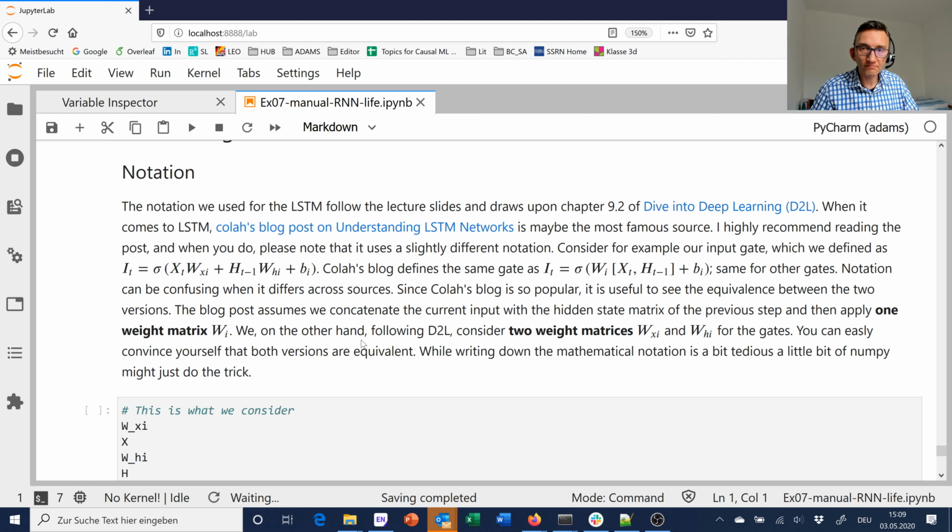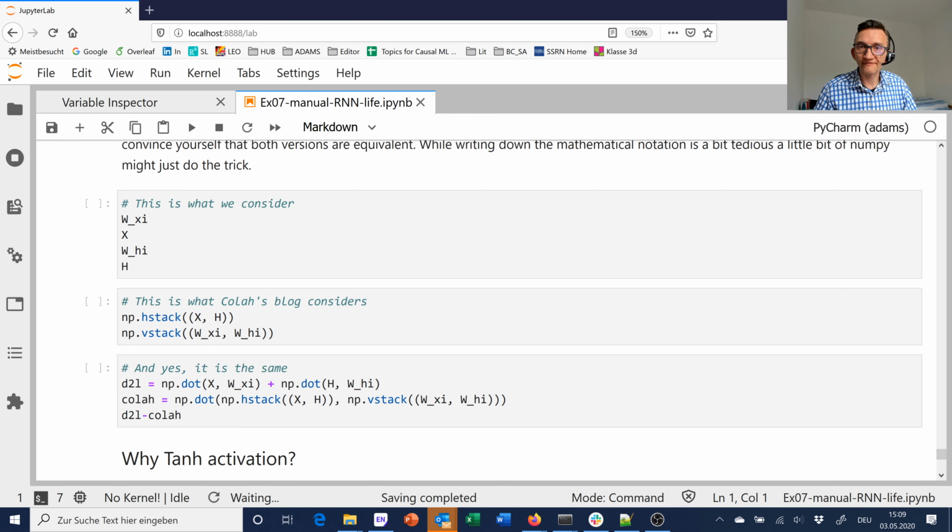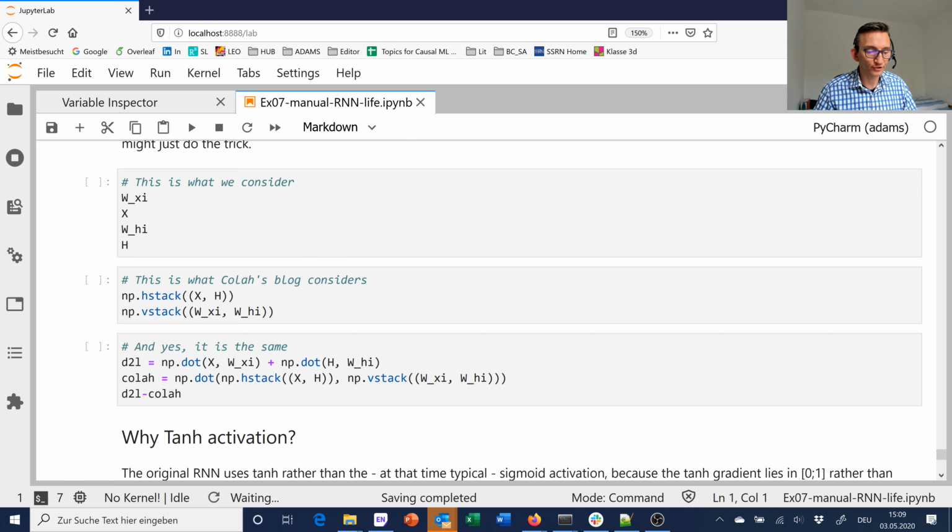So what to take home: it's the same, but it looks a little bit different. So I put in some NumPy code that allows you to convince yourself, before or after reading Chris' blog, that our notations are the same. And other than that, this blog is very, very helpful. I just wanted to make sure that you don't get confused.